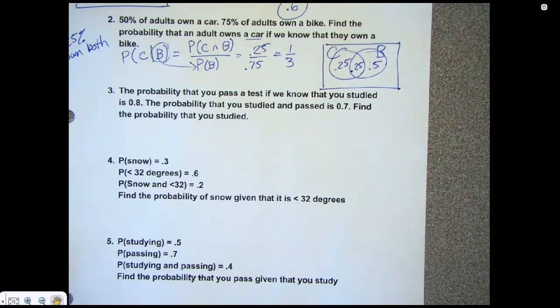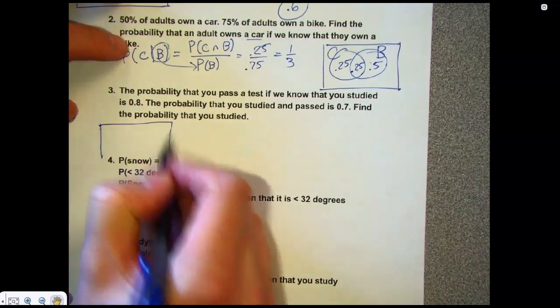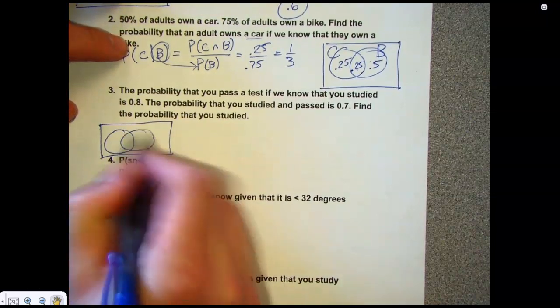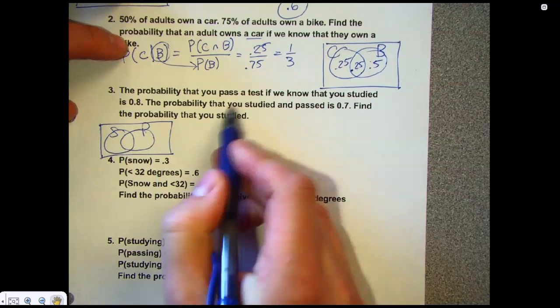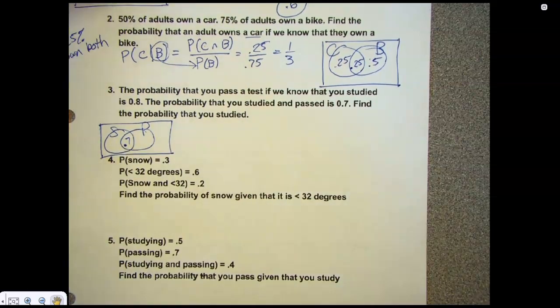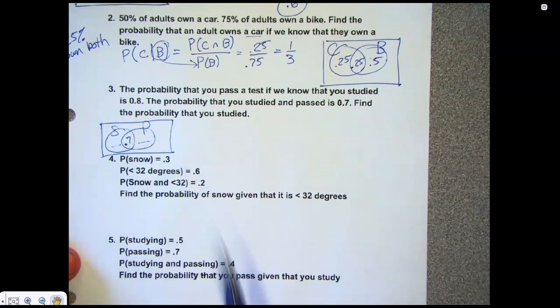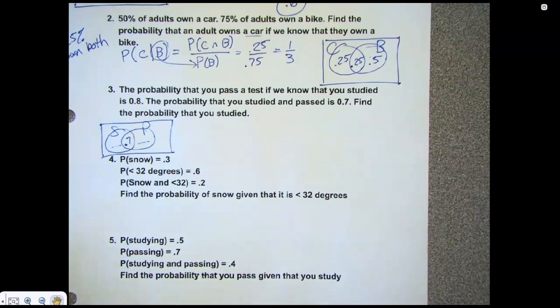I didn't even try it. I was just saying, you can try it. So if I go to make the diagram, I'm like, okay, studied, passed. The probability I studied and passed is 0.7. Great. But it doesn't tell me the probability that I studied. And it doesn't tell me the probability that I passed. So I get stuck. Like I can't just put a number there and I can't put a number there. So where do I go with the diagram?